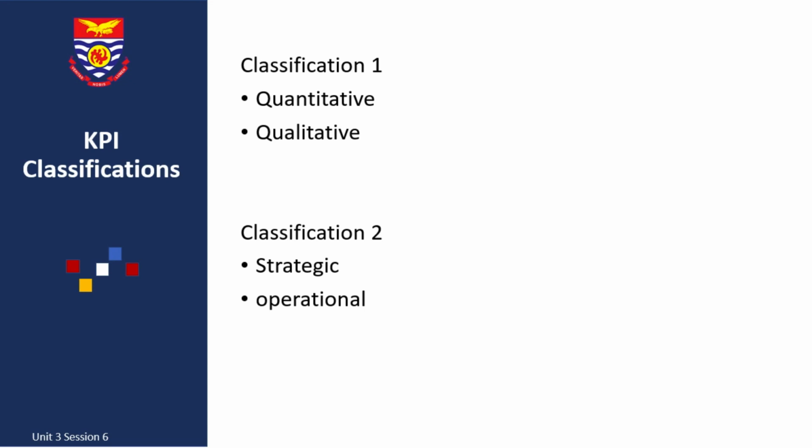It is the strategic KPIs that are broken down into operational ones, because everything is geared towards achieving the main objective of the organization. So for instance, our main objective is to reach 100% of the population by the end of the period. This is our strategic objective. However, we have to break this strategic objective into operational units.